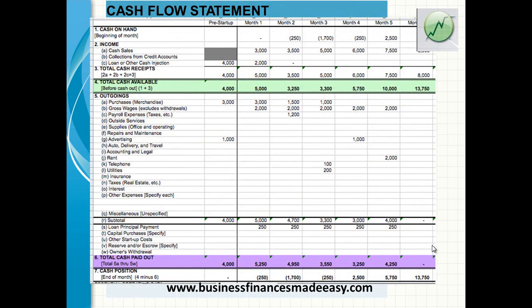This is an example of your cash flow statement. You can have an annual cash flow statement or monthly cash flow statements. This one in particular is a monthly one. First you start with the cash that you have on hand, and then in terms of income you see how much you have received in cash, not what you have left your customers with because you gave them some credit or they promised to pay you in 30 days.